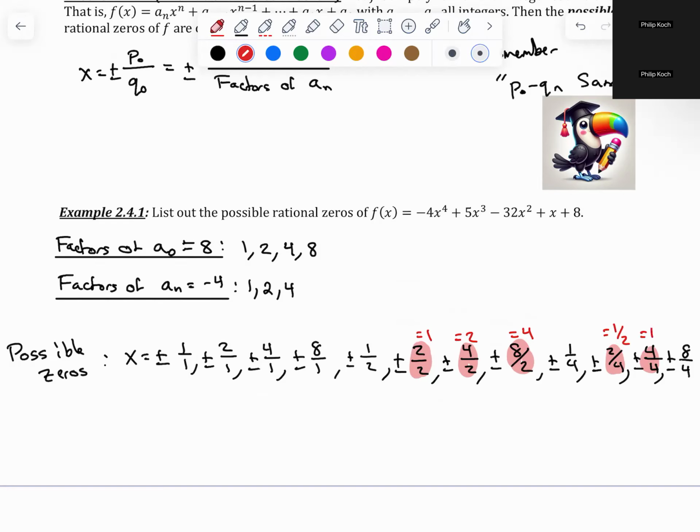And then 8/4 is equal to 2, and we have that.